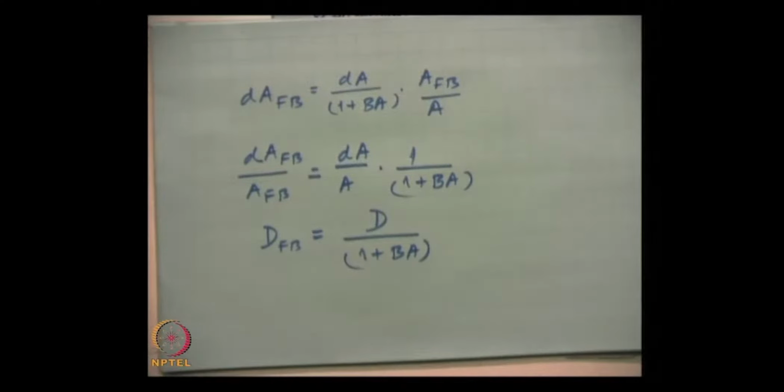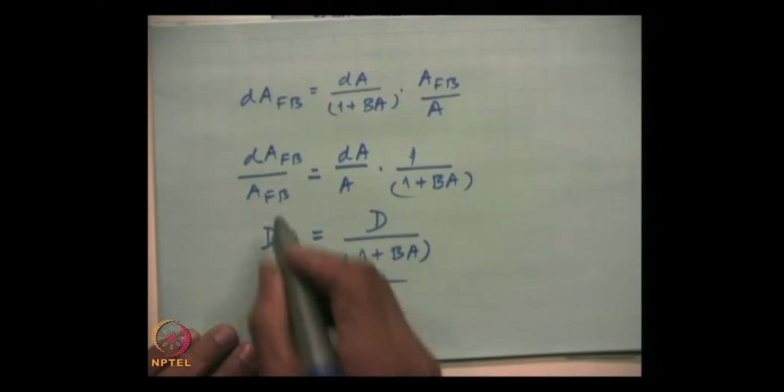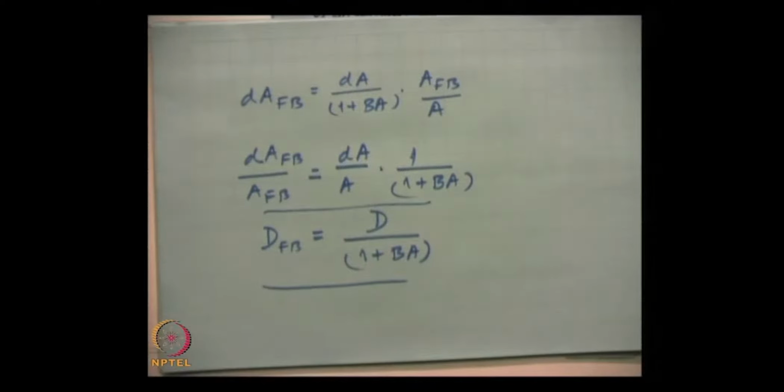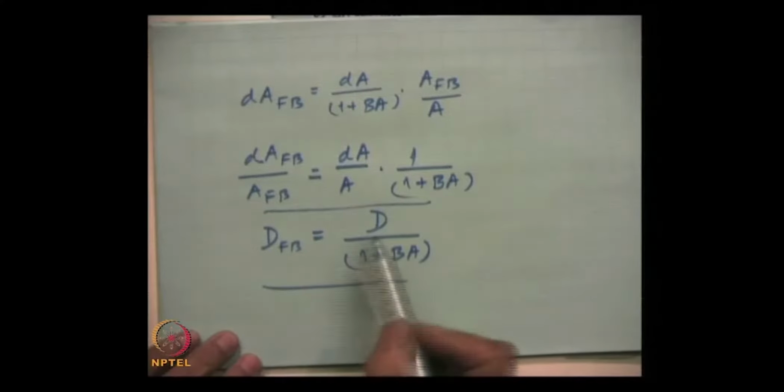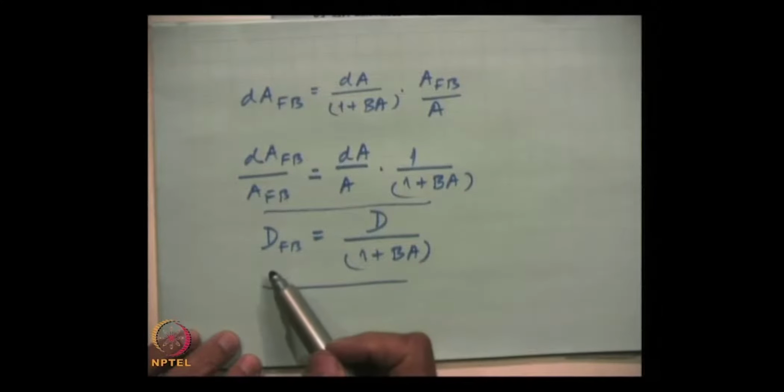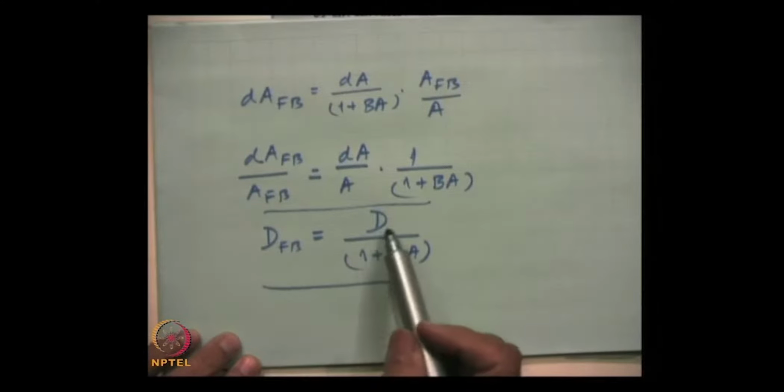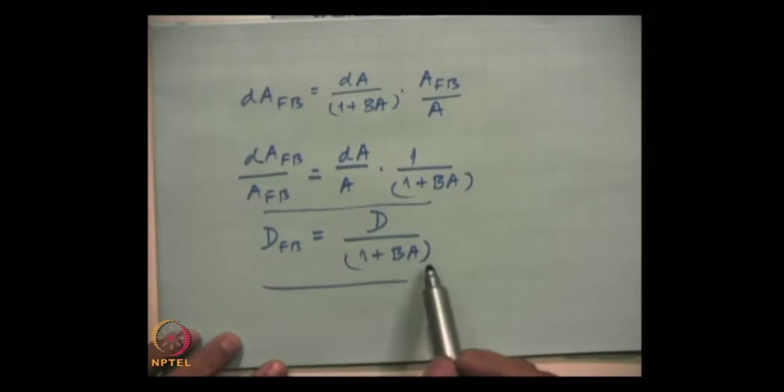This is the expression which shows that the nonlinear distortion in an amplifier with negative feedback can be reduced over the nonlinear distortion of the open loop amplifier by a factor 1 plus BA.